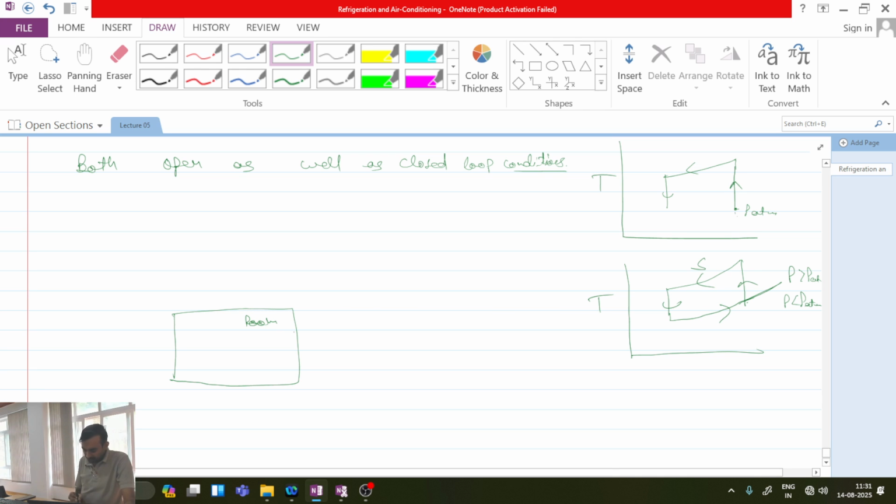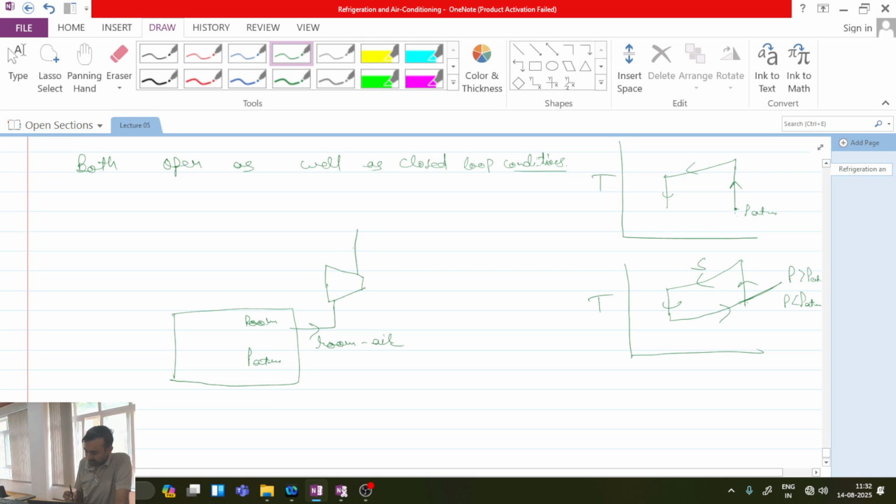So what you can do, you can take some duct from this room, and this duct will be supplying the room air to the compressor. So this is the room air which is taken by compressor, and of course this room will be at atmospheric pressure conditions.